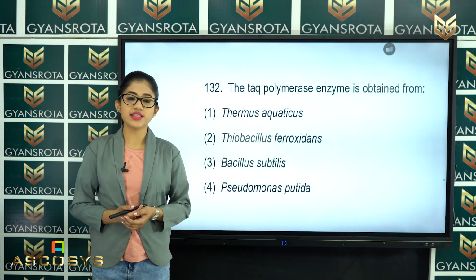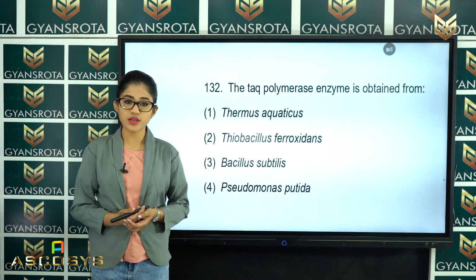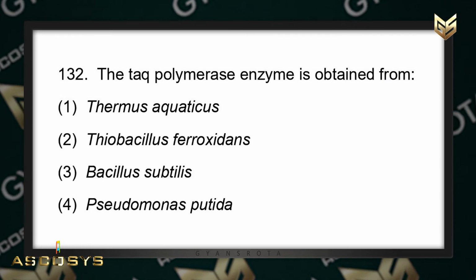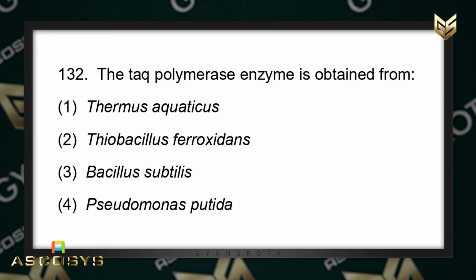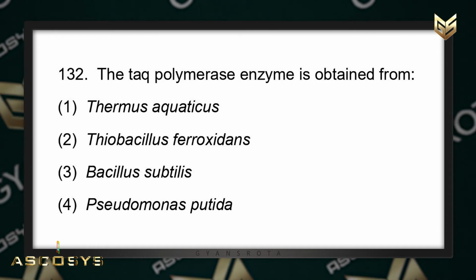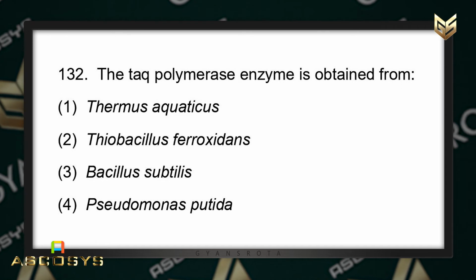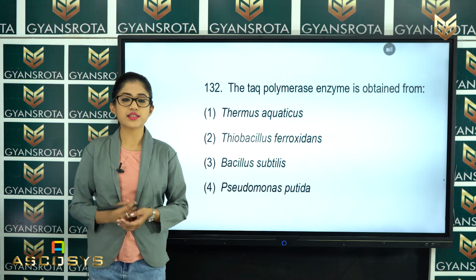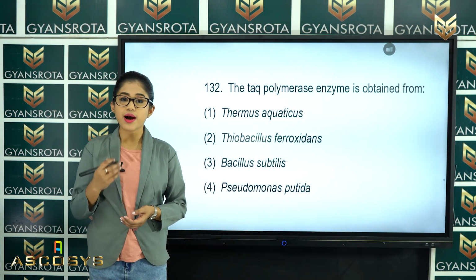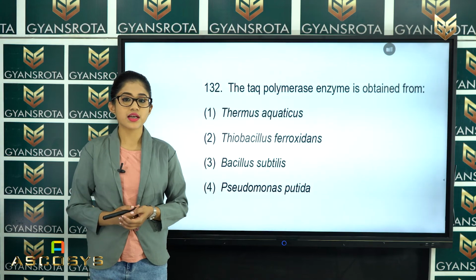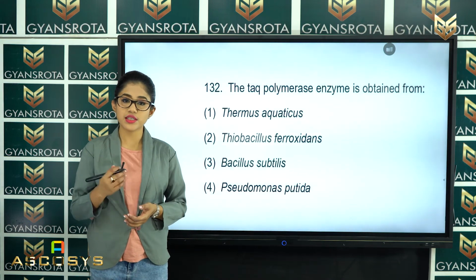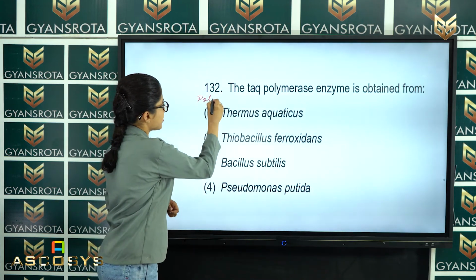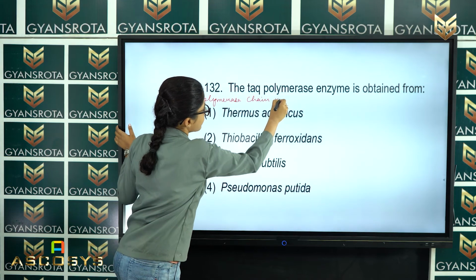Now, in the next question, that is question number 132, the Taq polymerase enzyme is obtained from Thermus aquaticus. Second option is Thiobacillus ferroxidans. Third option is Bacillus subtilis. Fourth option is Pseudomonas putida. This is also a direct question from the chapter Biotechnology Principles and Processes. The Taq polymerase is used in the PCR technique, that is the polymerase chain reaction, right?